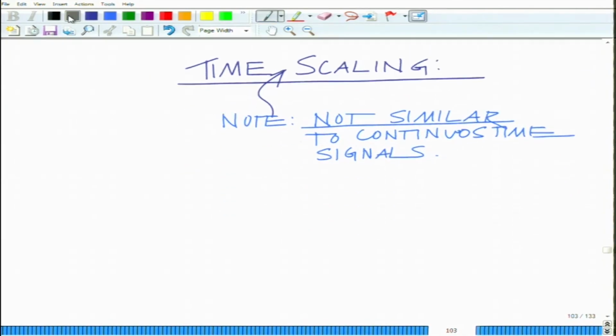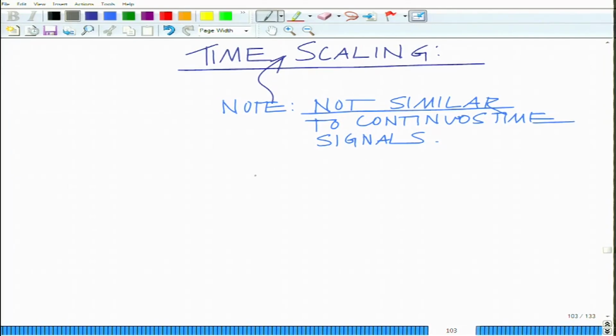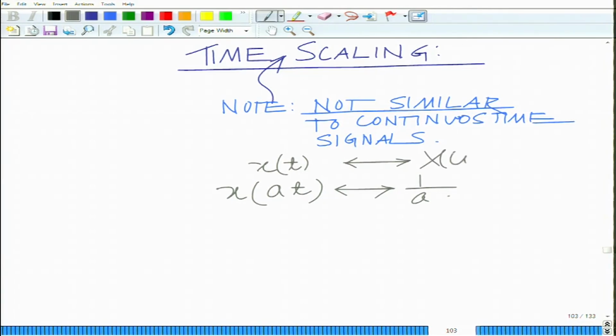The reason is as follows. If you look at a continuous time signal, if x of t has the Fourier transform X of omega, then x of a t has the Fourier transform 1 over magnitude of a times X of omega over a.